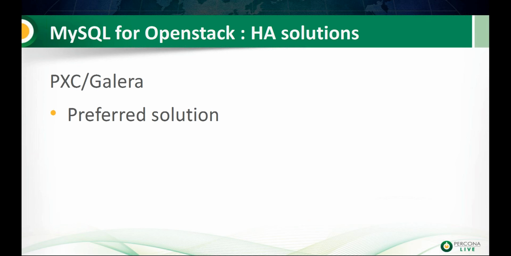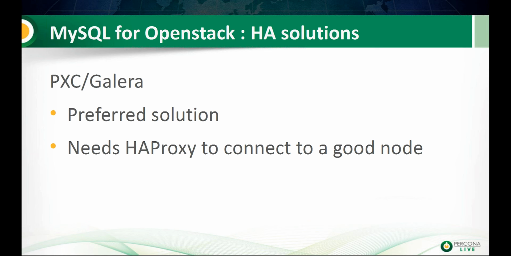It's very simple. All nodes are available. You do need something to connect to a valid node. HAProxy is a valid way. There are a few other solutions using Pacemaker that could do about the same thing, but that will give you a connection to a node that is in sync and in the same state to answer your query.